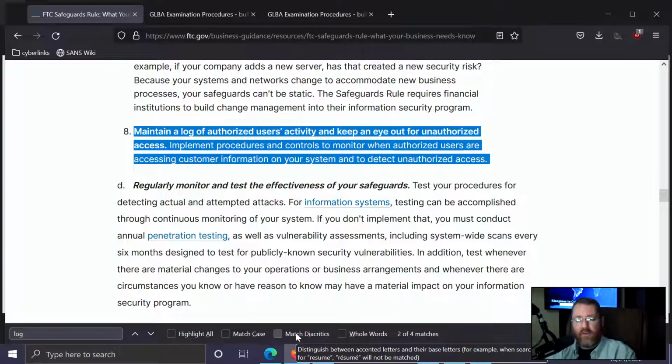It's not just authorized users or unauthorized users in the traditional sense, but if someone has root access or administrator access, that could also be problematic. And that is something that they have to monitor and review on a regular basis to determine, why did this person access this server?